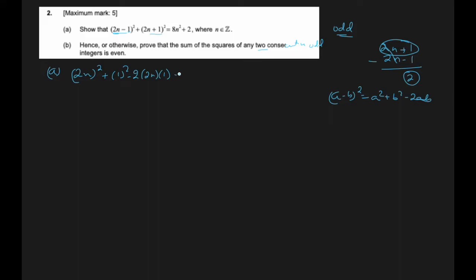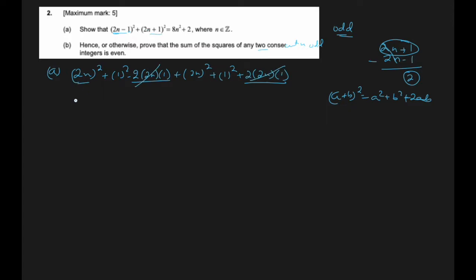And mind it, we can't use a calculator in this, so we will not even touch it. Here it is A plus B, so the identity changes to plus 2AB. So (2n) squared plus 1 squared plus 2 times 2n and 1. So this one and this one are exactly the same but opposite sign. We can cancel them, no need to expand that one.